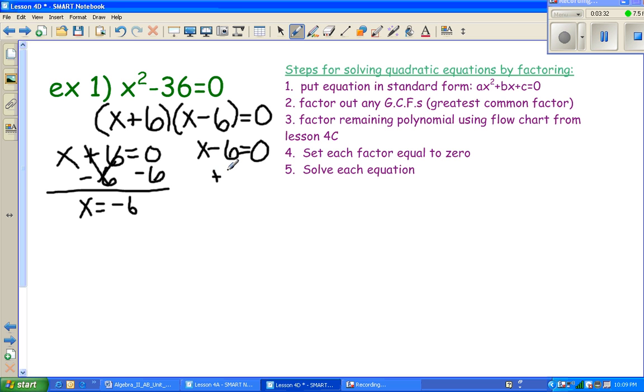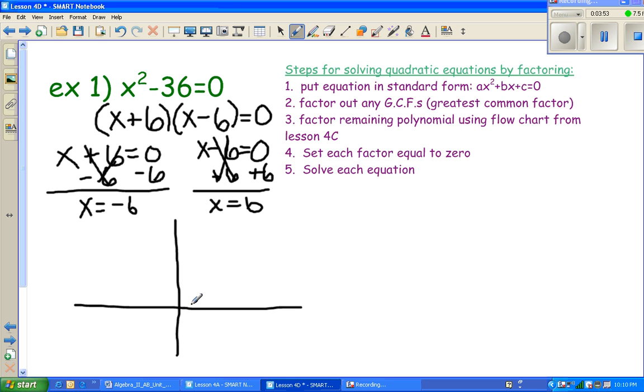And the other one, I want to add 6. These guys will cancel out. And x is going to be equal to positive 6. So those are my 2 solutions. If I graphed this on the calculator, which I'm going to show you at the end how to do, it would look something like this. Here's 6.